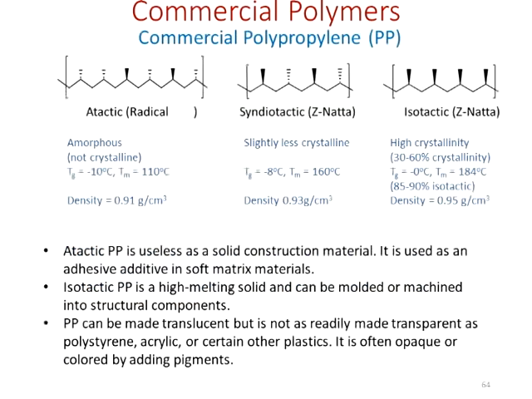Because of the orientation of the atactic, syndiotactic, and isotactic groups, we have a difference in terms of crystallinity and Tg and T melt. And that Tg will follow from atactic through to isotactic with an increase in terms of its Tg.